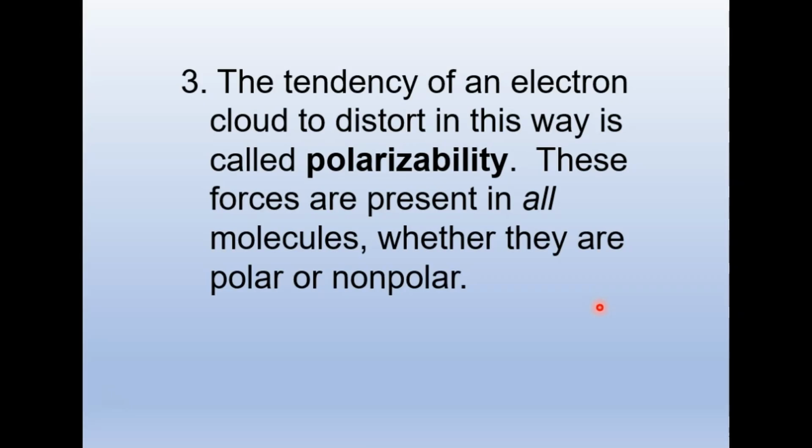So we can measure a molecule's tendency to have London dispersion force with this thing called polarizability. The tendency of an electron cloud to distort in this way is called polarizability. These forces are present in all molecules, whether they are polar or nonpolar.